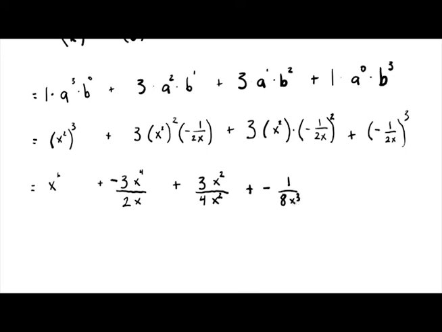So then we're going to simplify. So here in the first one, we see x to the 6th stays the same. Second term, we have negative 3 over 2. We have x to the 4th over x. So we can cancel out 1x, and then x to the 4th becomes x cubed. The third term, we see we have 3/4, and we have an x squared in the numerator and an x squared in the denominator. Those will cancel out. So we actually see our solution, but we're going to continue. Minus 1 over x cubed, we can simplify.